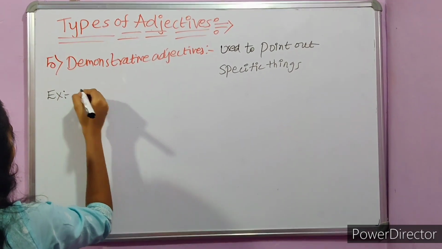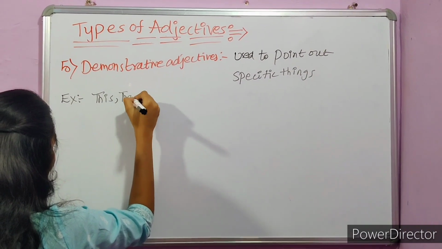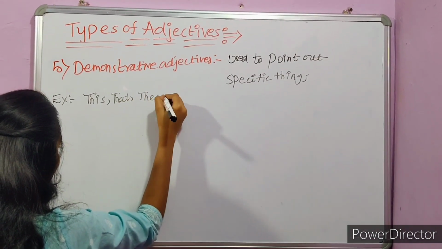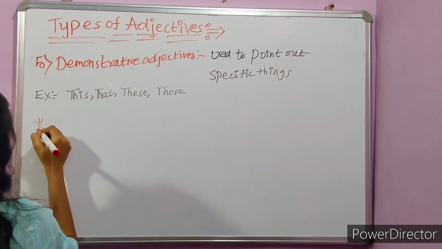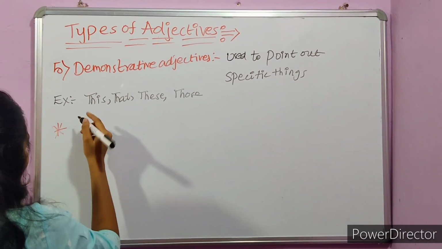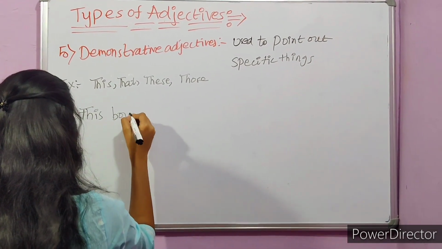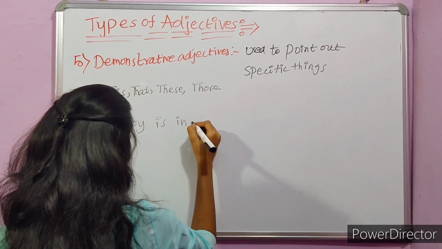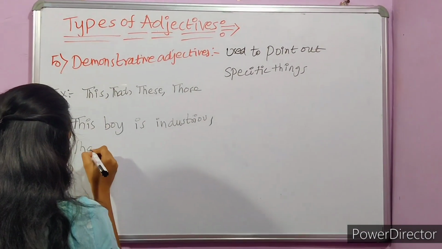Examples of the demonstrative adjectives are this, that, these, those. This boy is industrious. That girl is clever.